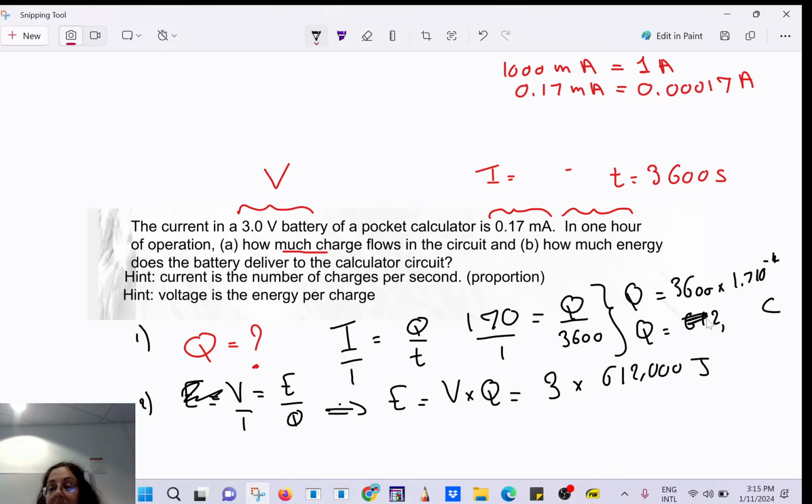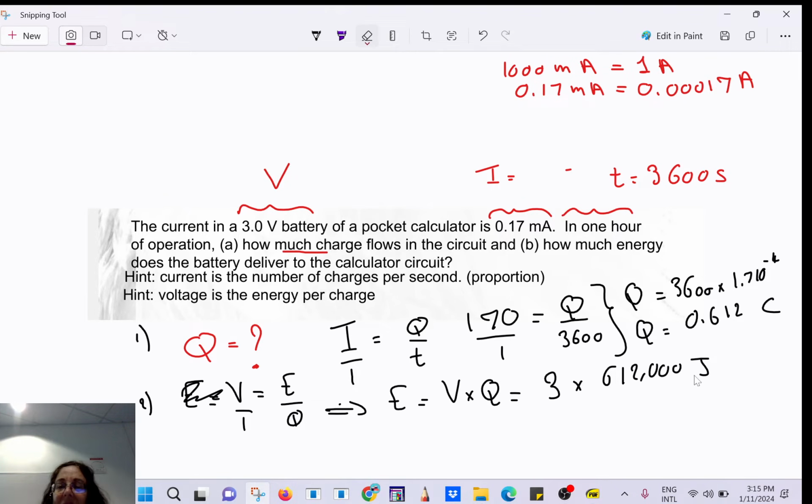So it's going to be what here? 0.612 coulomb. Is that right? 0.17 divided by 1000 times 3600, 0.612 coulombs.